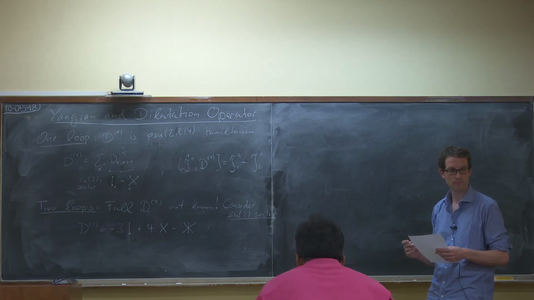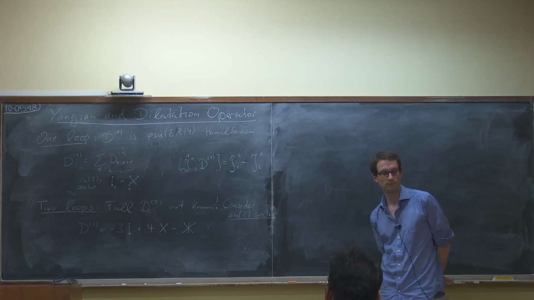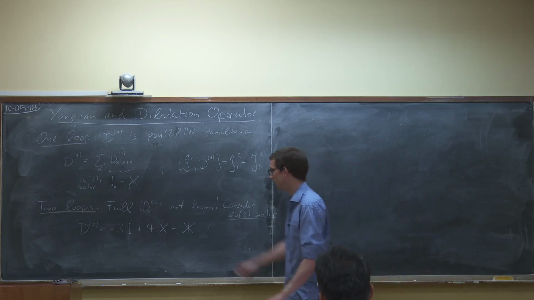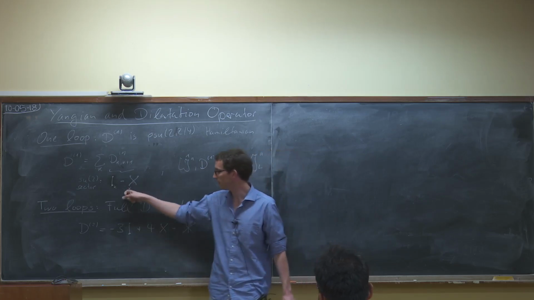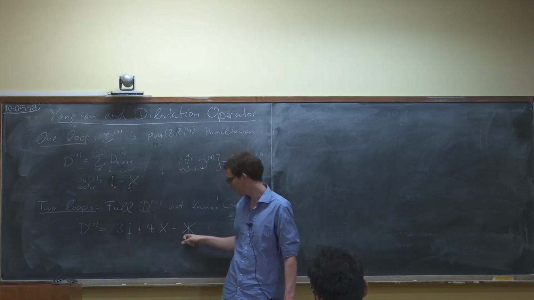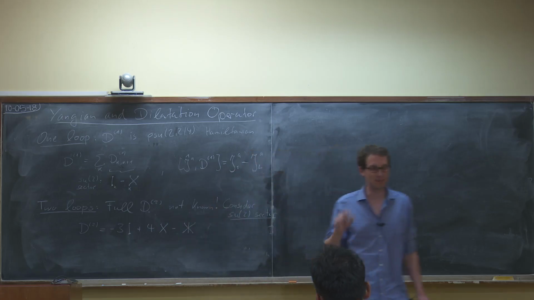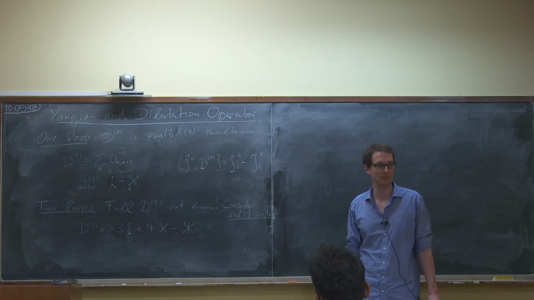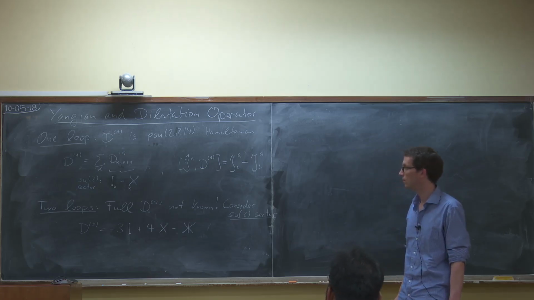At one loop, I was acting on 2 legs, so one vertex was allowed basically, and here I act on 3 legs. The principle is like in Feynman diagrams: the more vertices you have, the more powers of coupling. So D1 is like one insertion of the commutator in the Yangian series.